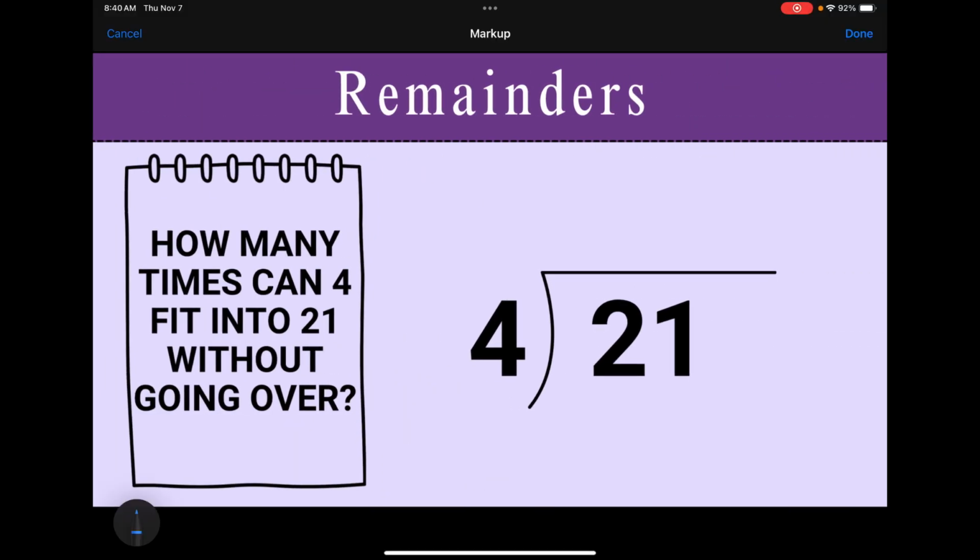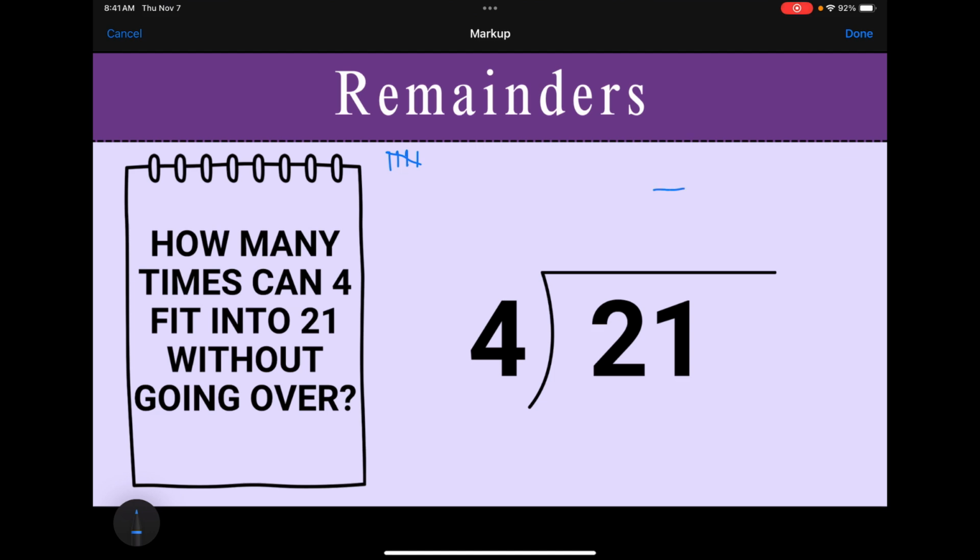Let's take this problem. How many times can 4 fit into 21 without going over? That's really what we're asking when we're doing 21 divided by 4. I'm going to skip count. 4, that's once. 8, that's twice. 12, that's 3 times. 16, 4 times. 20, that's 5 times. 24, I can't count that because now 4 is going over 21.